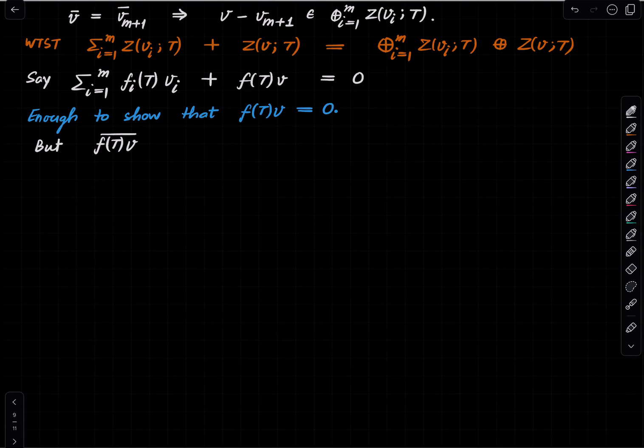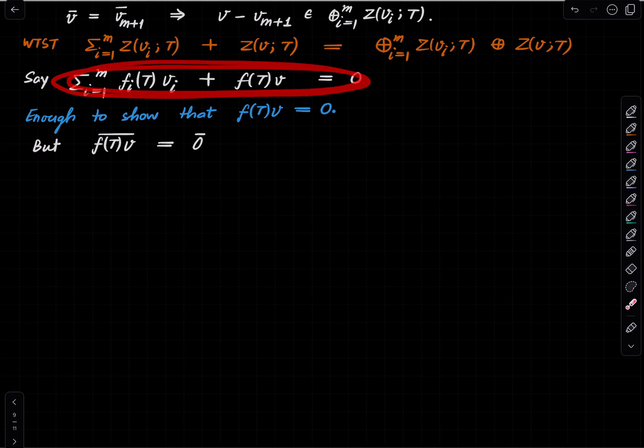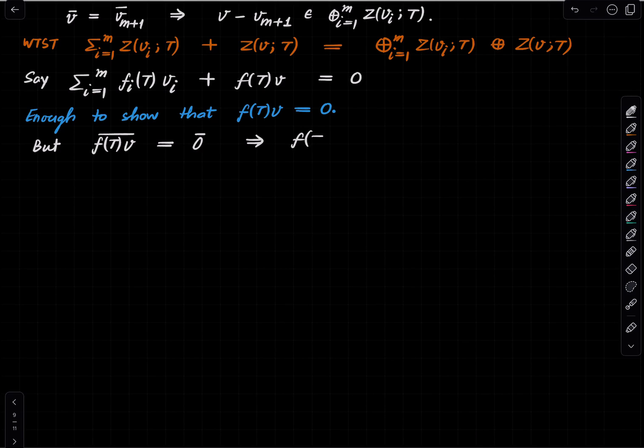So this thing, once you apply a bar, this is going to be 0 bar. Why? Because of this equation. So using this equation, you see that f(T)v bar is 0 bar. f(T)v lies in the direct sum, so f(T)v bar is 0 bar, which implies f(t) bar v bar is 0 bar, which implies this thing divides f(x).